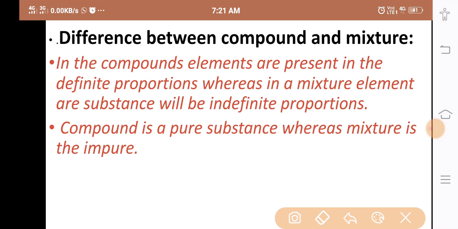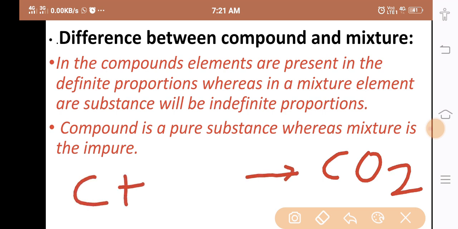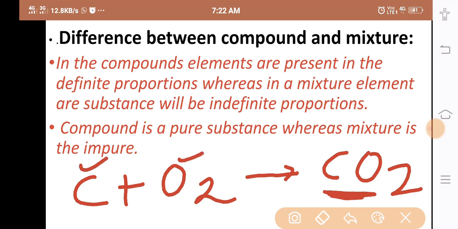For example, carbon dioxide is formed from carbon and oxygen, but it shows totally different properties from oxygen and carbon. The elements lose their original properties after formation of the compound.